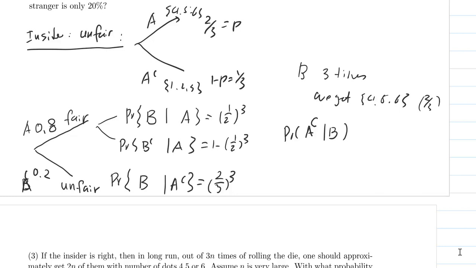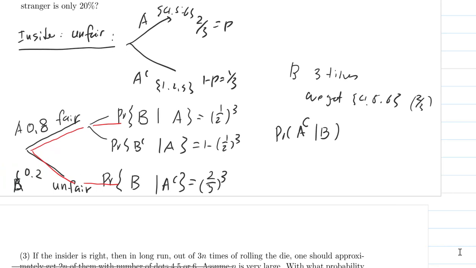So now let's apply the Bayes formula. We're going to look at the branches leading to B. What we have here is this branch, and then we have this branch over here. The other branch is missing, but it's not really useful.